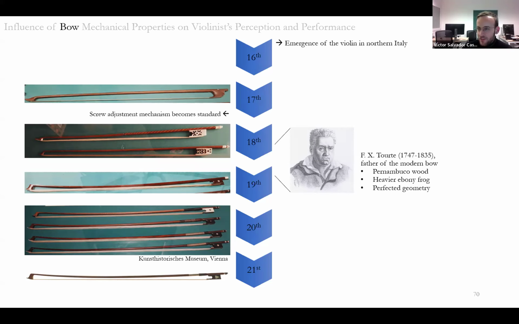I agree it's really difficult to keep the scientific method until the end of this kind of research, because there are so many variables that come into play. And regarding the perception of bows, we used to say, oh, this bow sounds harsh, or this bow sounds sweet.